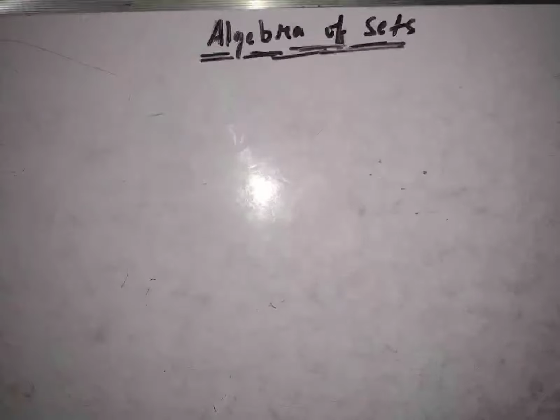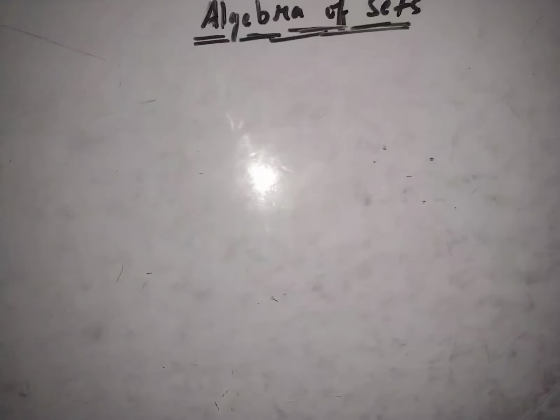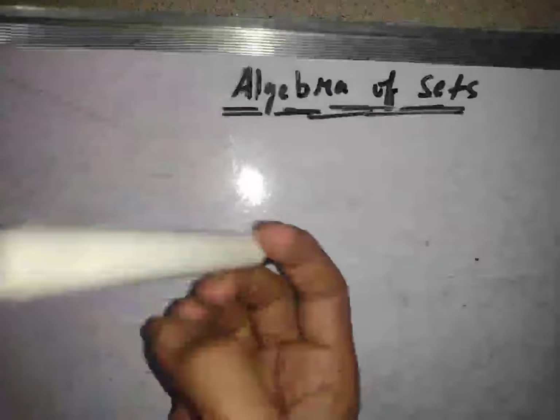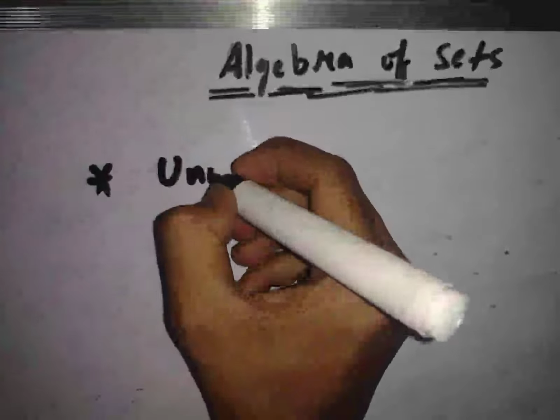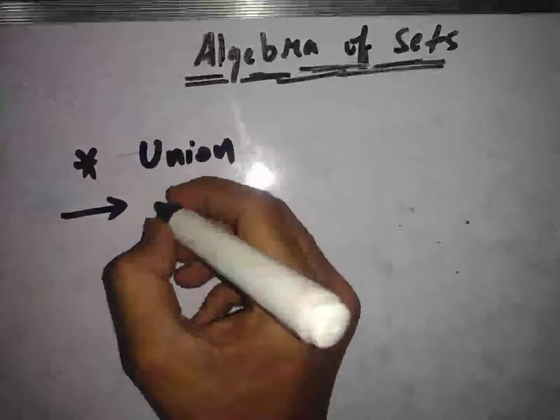So the first algebraic expression that appears in sets, we call that union. So the first thing we are going to learn is union. Now how is a union defined?